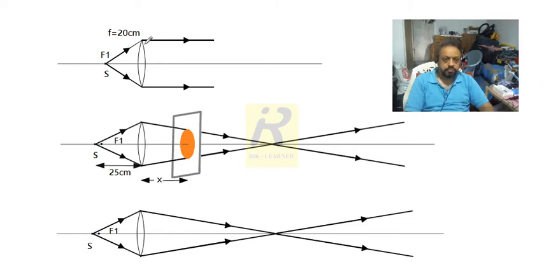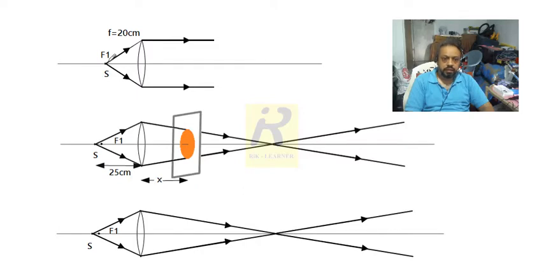Let me say the focal length, as they said, is 20 centimeter, and here is the position f1, the first principal focus, to the left of the lens.